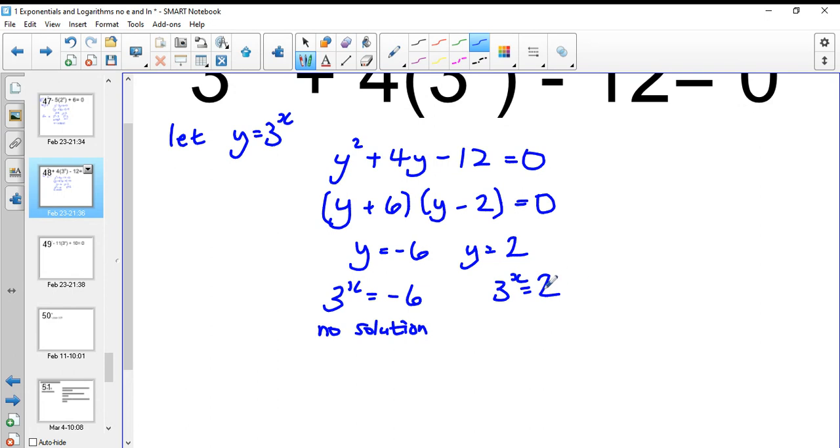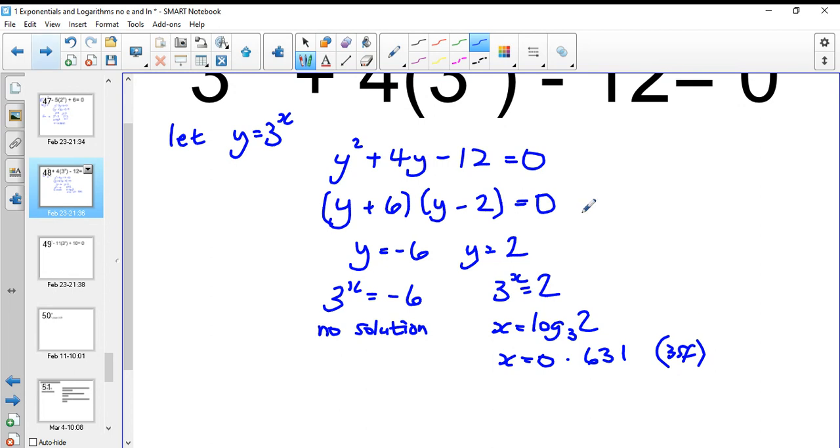This one here, well, this isn't a power of 3, so we're going to write this in log form. X equals log to base 3 of 2. And again, either leave it like that, or if you want it as a decimal, it's 0.631 to 3 sig figs.